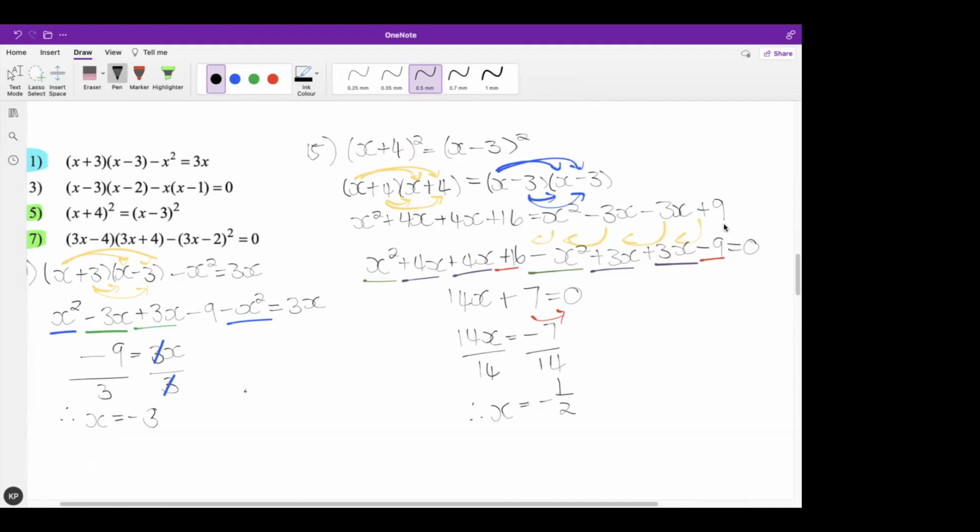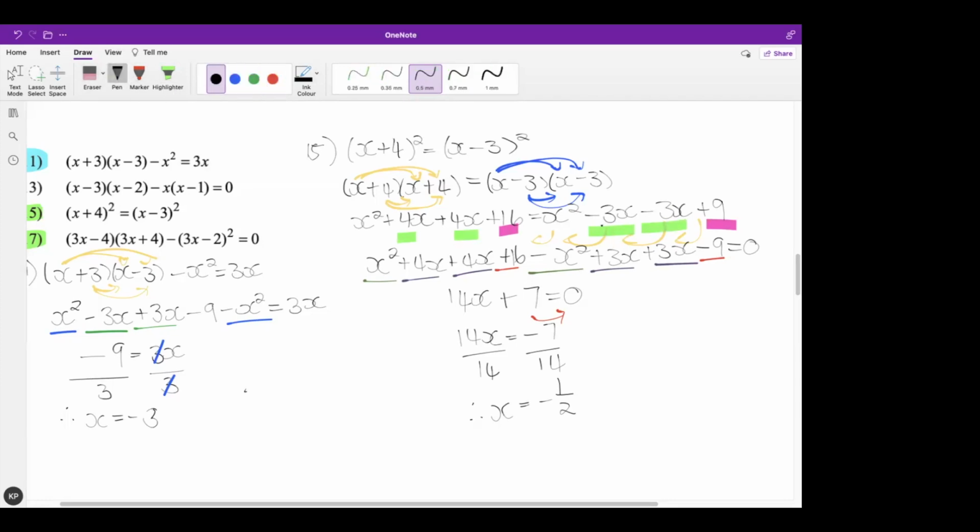X squared had to come over to the side so that we can minus them. You end up with x squared, they're gone. And then you had all these x's that you can add, and then you can also add the numbers. Everything was on opposite or different sides. My 16 was here, my 9 was over there. Some x's were here, some were over that side. Okay.